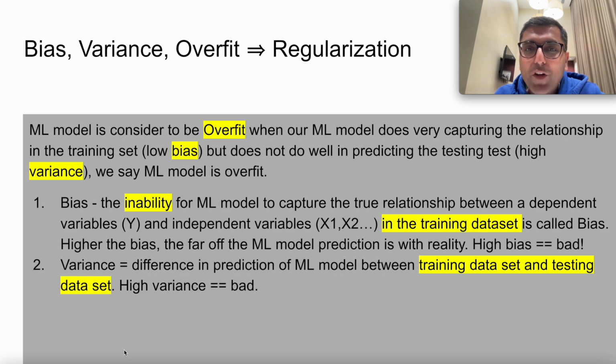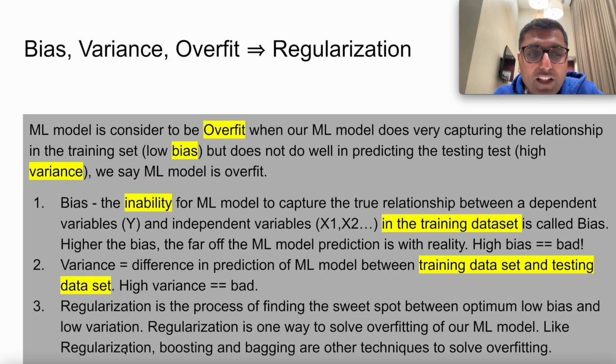So what do you need? You want low bias and low variance, but can they come together? That's the trick. Finding that sweet spot of optimum low bias and low variance is the technique of regularization, right? So regularization, these algorithms that we will get into, helps the machine learning model so that it doesn't overfit.